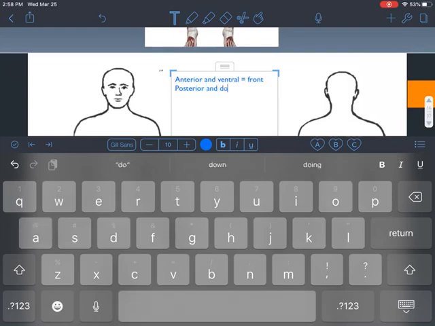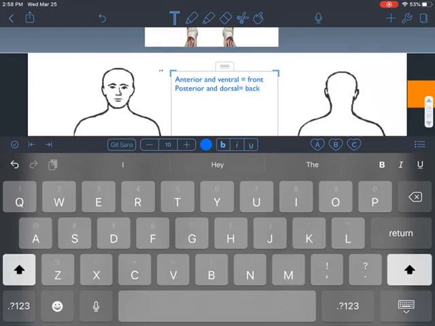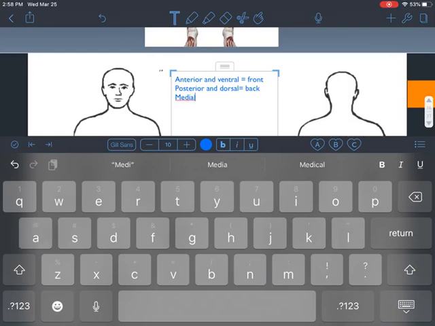Posterior and dorsal equals back. Medial, closer to midline.